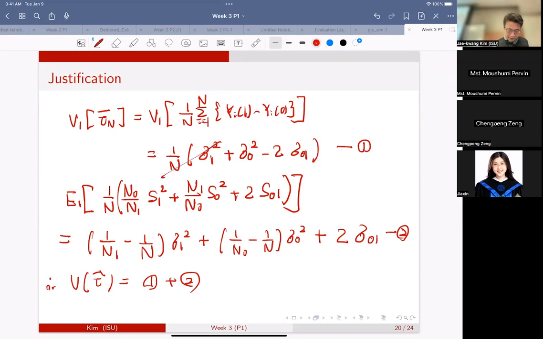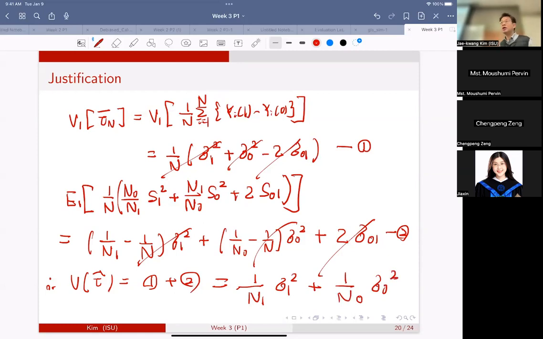So you get cancellation. And so at the end of the day, you get n1 sigma 1 squared plus n0 sigma 0 squared. Yes, it's 2 over, 2 over, because we know.